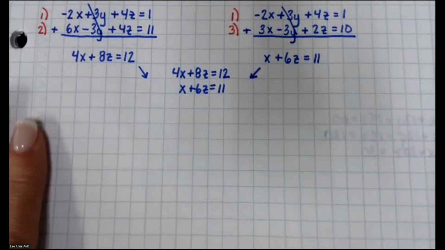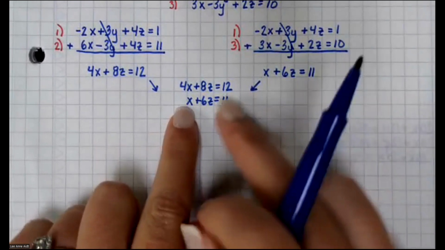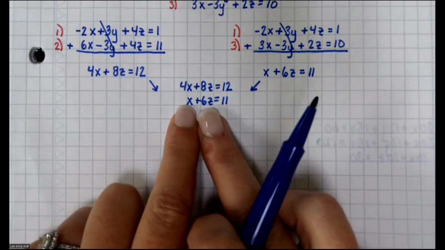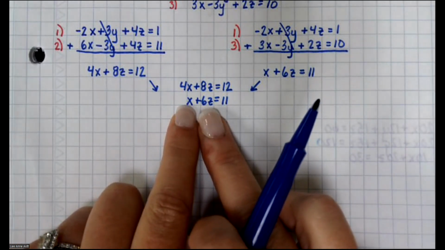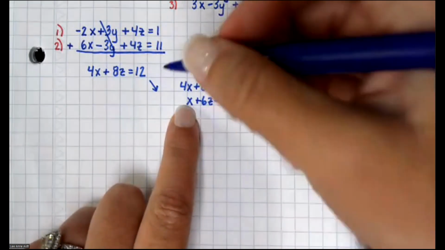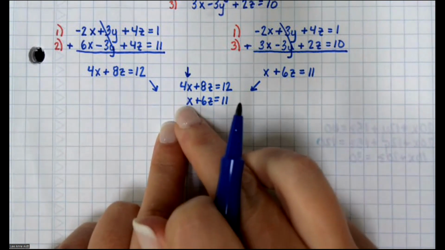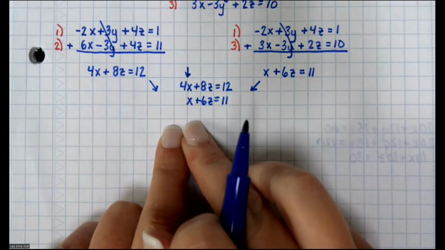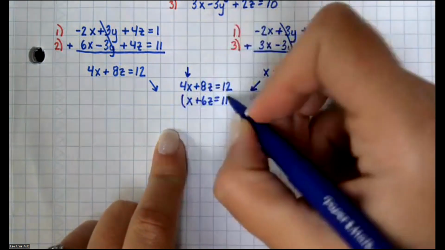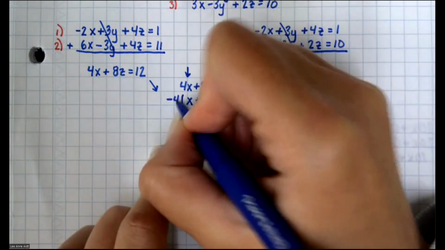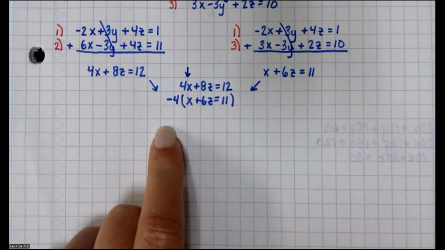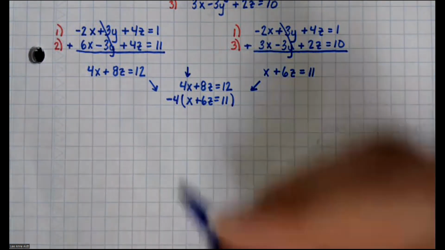Which variable is easier to eliminate, x or z? X, right? Okay, and how can I change x so that I can cancel it out with 4x? So you want to multiply the whole bottom equation by -4. You might be remembering this now from Math 1.